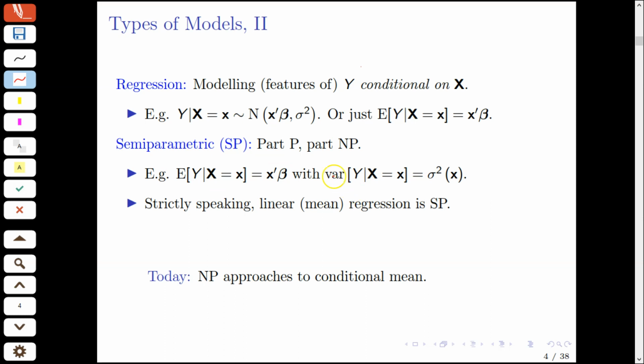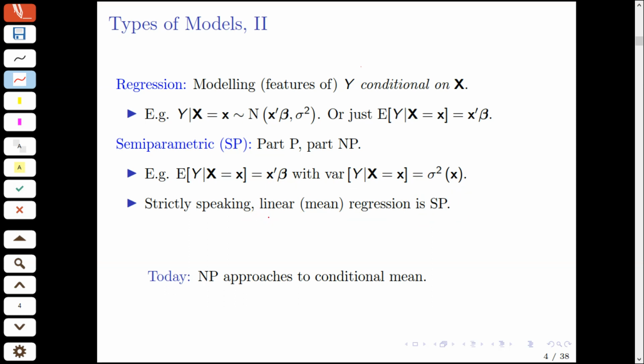For example, in only specifying a model for the mean, we're leaving the conditional variance of y given x to be just some function of x, that is, some nonparametric element. So strictly speaking, in our earlier discussion of the linear model for the conditional mean, we were dealing with a semi-parametric model.